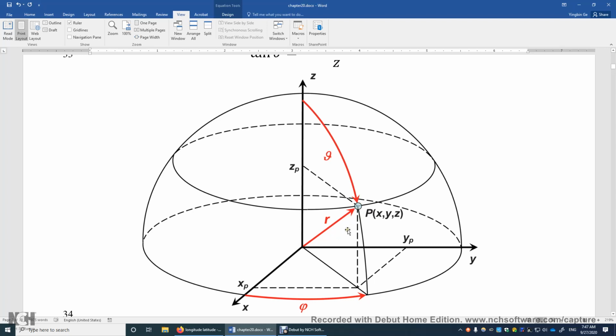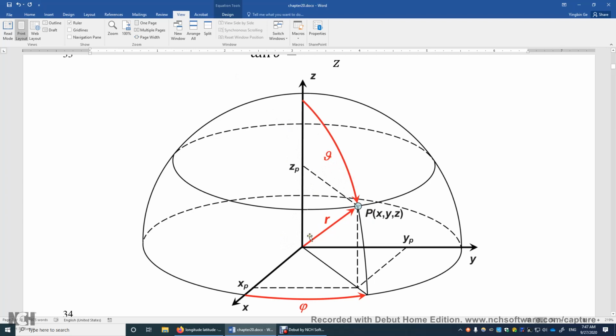We can also define the position of the electron with r, theta, and phi. R is the distance between the electron and the nucleus. And this r with an arrow is a vector. It has a direction. So between this vector and the z-axis, there is an angle, theta.